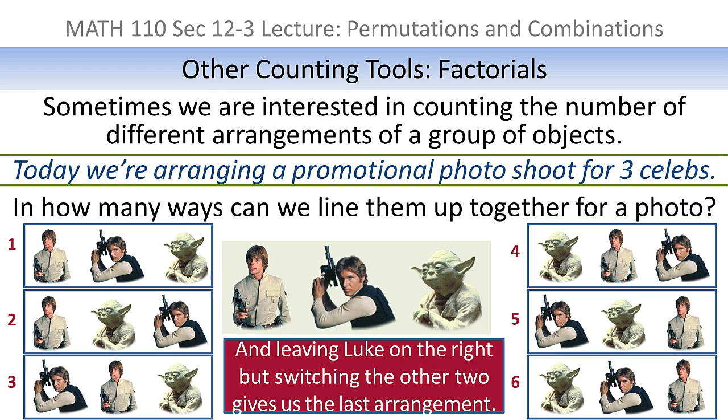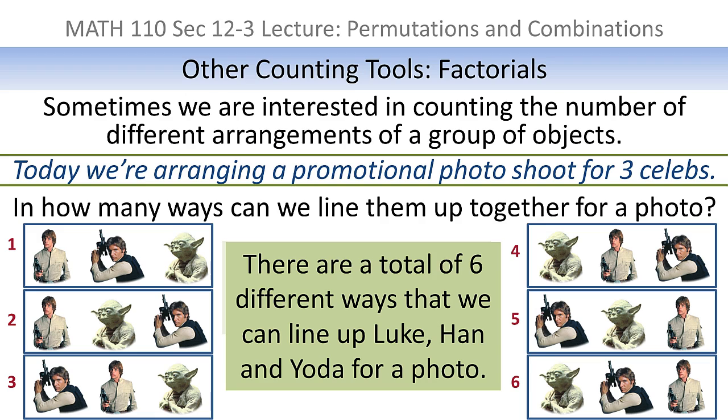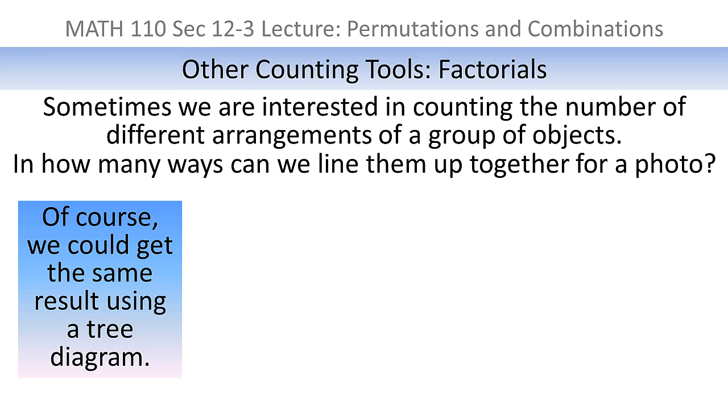And that's really it. I've moved Luke in every possible position, and once Luke was in that position, I've gotten every possible ordering I can get that's different. So when all's said and done, there are a total of 6 different ways that we can line up Luke, Han, and Yoda for that promotional photo. We could have done this with a tree diagram, and I want you to have an arsenal of tools that you can use for different problems, and different people like to think about it in different ways.